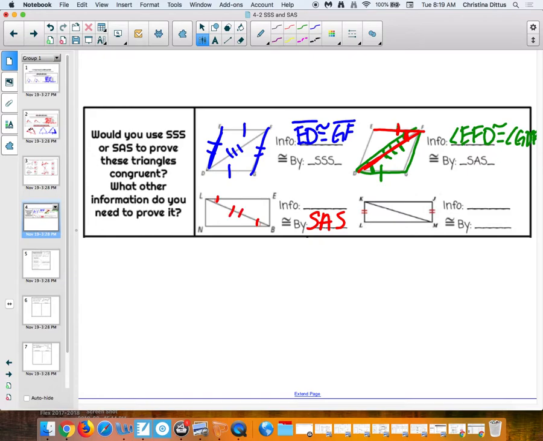So if I'm using SAS, I have side angle. I'm missing a side. What sides? LE and NB. Perfect. So I would have to be told that LE is congruent to NB.